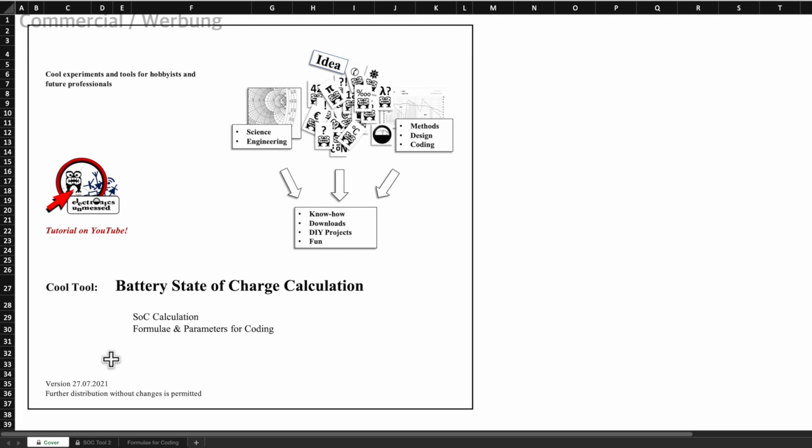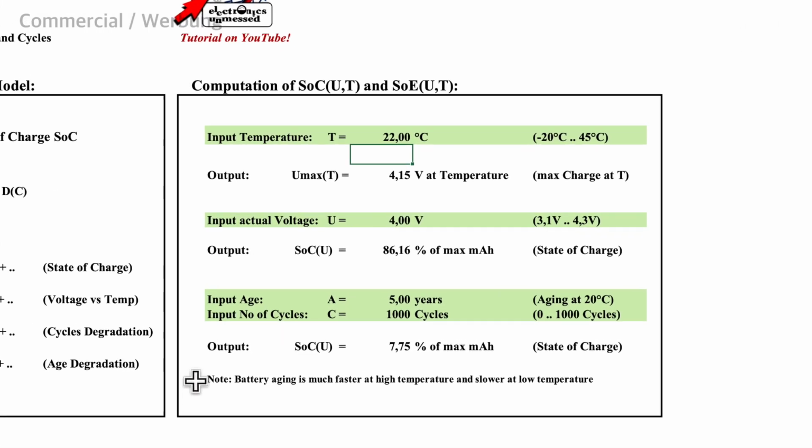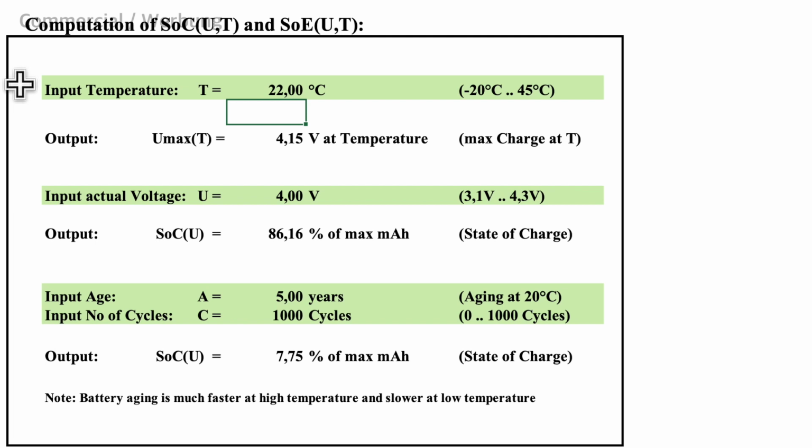For the comparison, we now use the state of charge tool, which I introduced in an earlier episode. It is calibrated to the typical lithium-ion battery degradation, which depends on time and the number of charging cycles. In addition, it is considering the battery temperature.